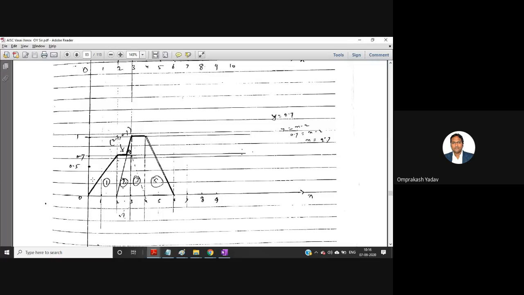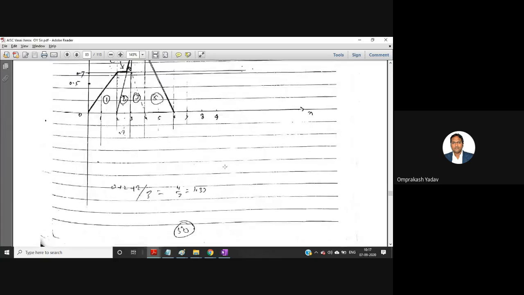For example, if I get a square here and an upper triangle there, it's up to me how I divide the area, but the final answer should match. If anybody has a doubt, please ask; otherwise, we can move ahead.